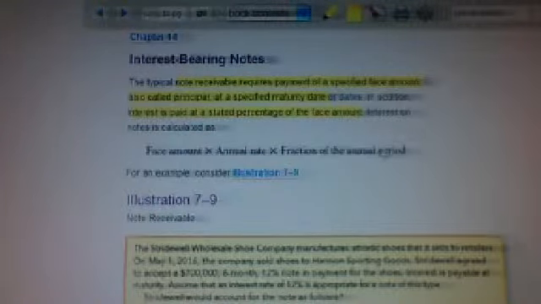And the way that the interest is calculated, we see in the calculation right here: the face amount or the principal, which is borrowed, times the annual rate of interest, and then the fractional period of that 12-month period, since it's a short-term or current note receivable.